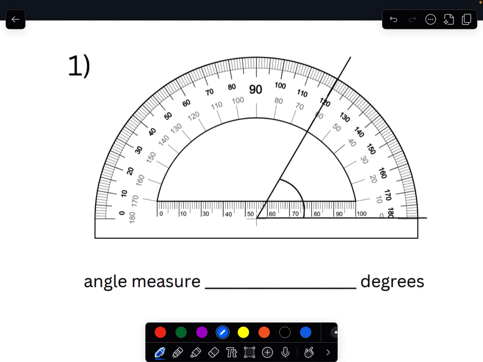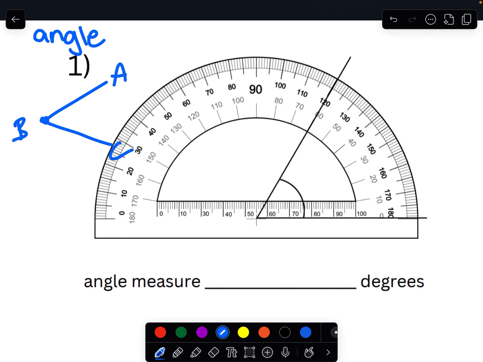An angle is the point at which two lines or line segments or rays meet. So here are some different kinds of angles. You can have two lines here, and here's the point at which they meet.